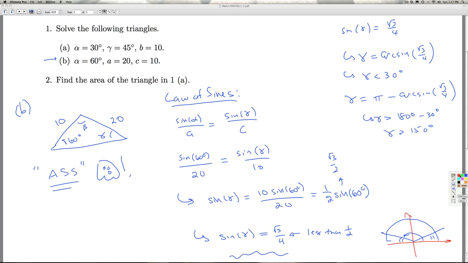And so even though this is a viable candidate for an angle inside the triangle, this won't fit in our triangle, okay? So this is the only guy I care about. And so he's the one then we'll proceed with as we go through the computations.